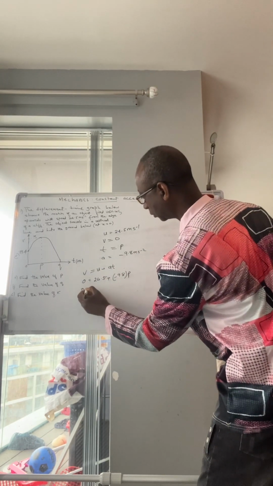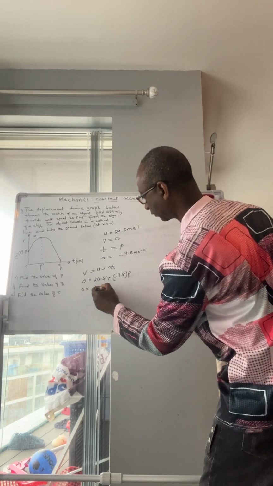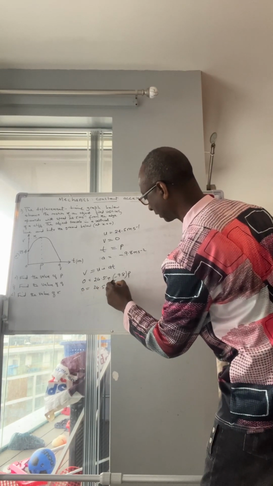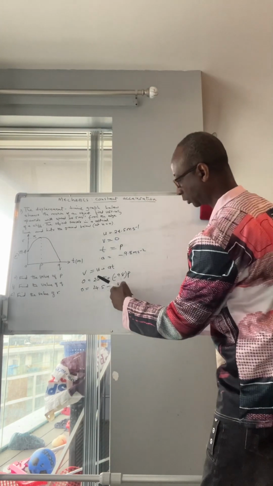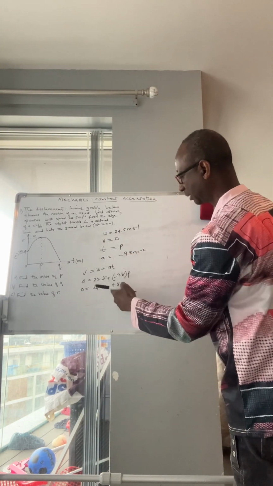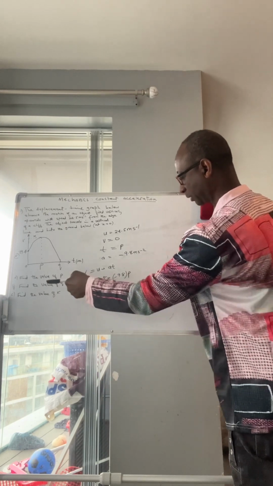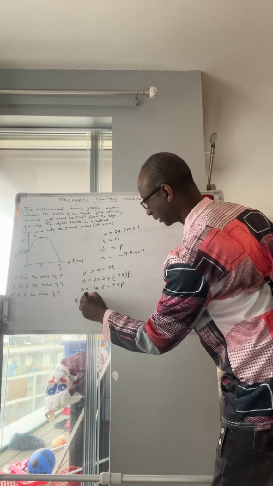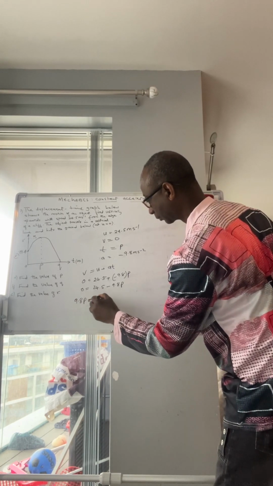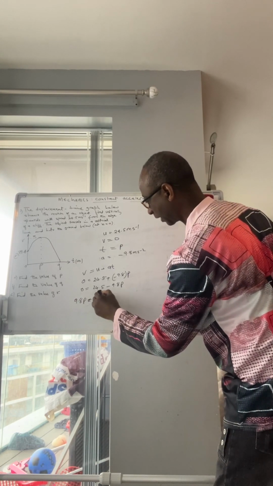So it's like 0 equals 24.5 minus 9.8p. Now we want to make p the subject of the formula, so we take it to the other side of the equality sign. The minus will become plus, so it's now 9.8p equals 24.5.